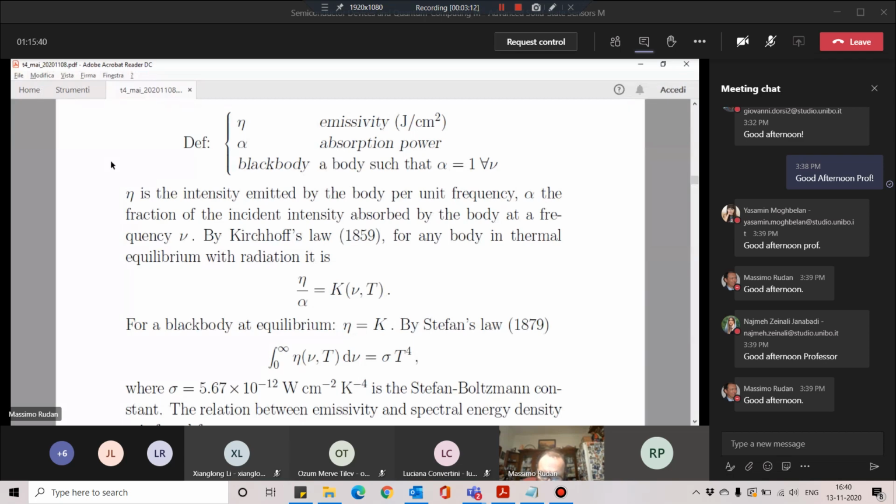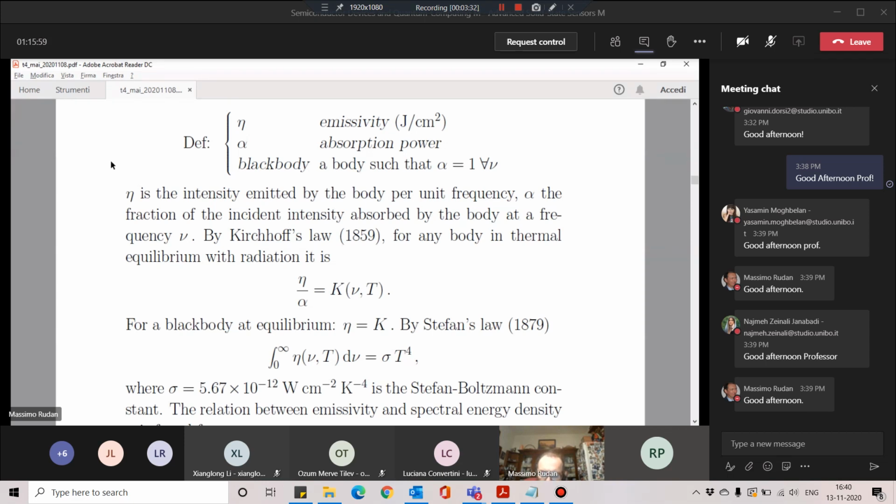This is why there is the term density in the definition, and per unit frequency. That is why there is the term spectral. So it is the energy of the electromagnetic field per unit volume per unit frequency.